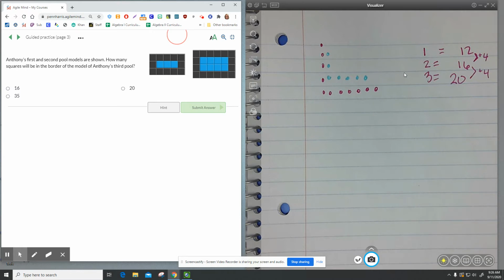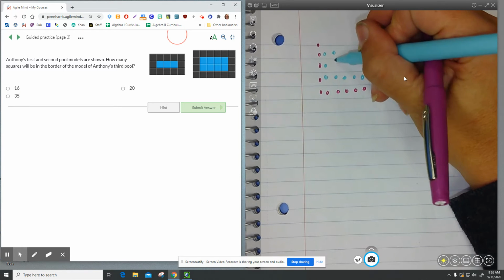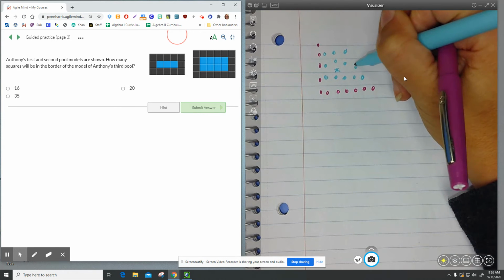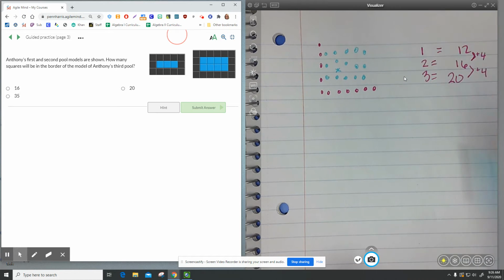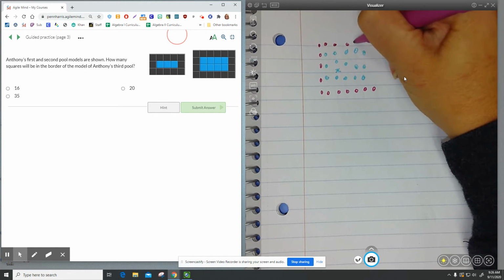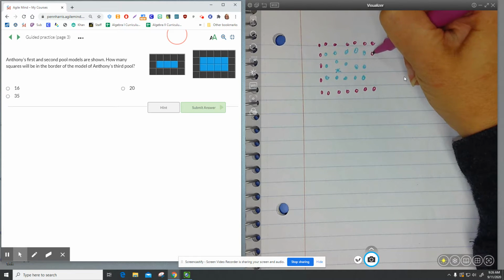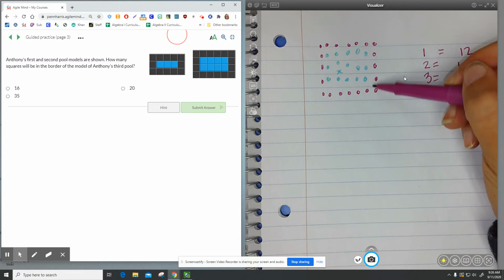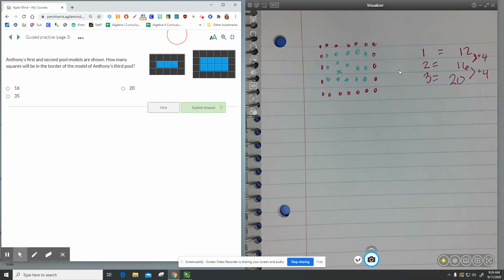And if it helps, guys, you can fill out the picture. So there's his pool. If you want, you can go ahead and count all my purple dots there, and that would give you 20. Again, don't forget to hit submit.